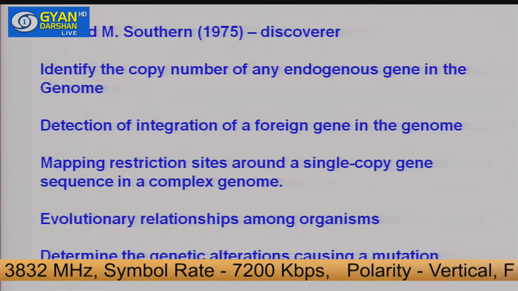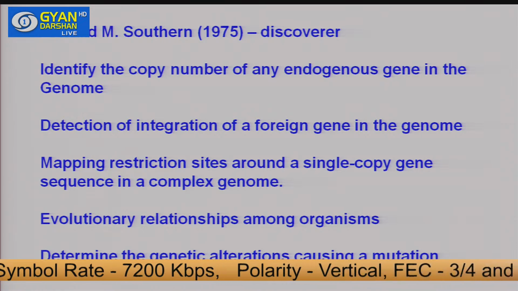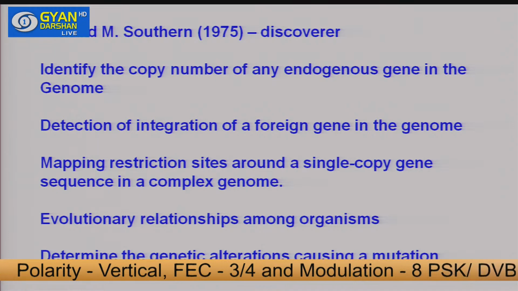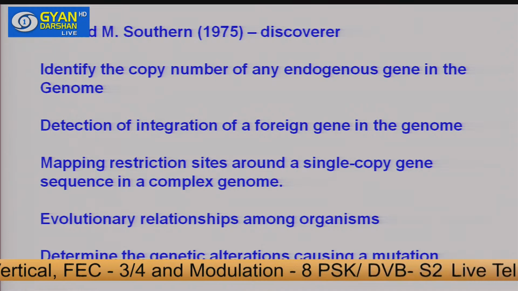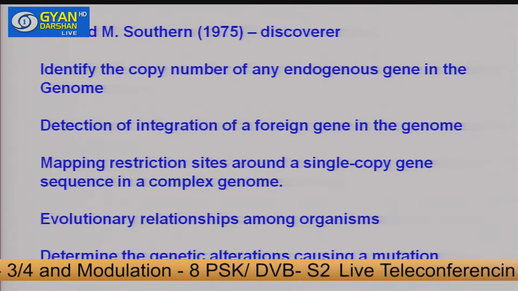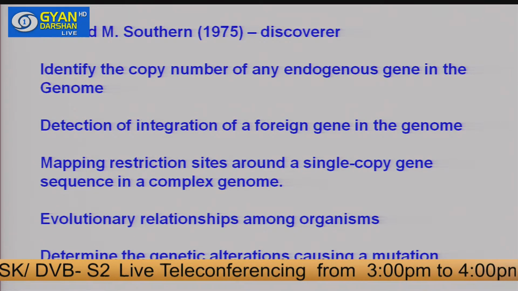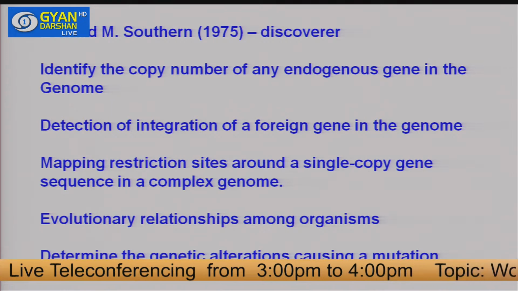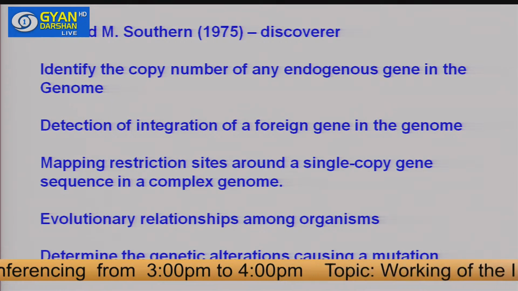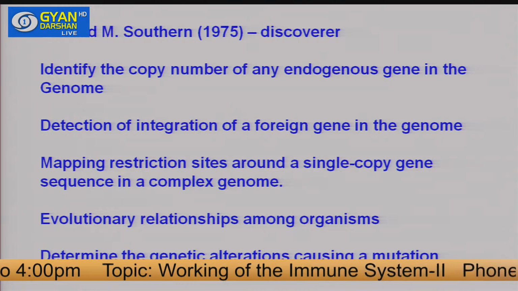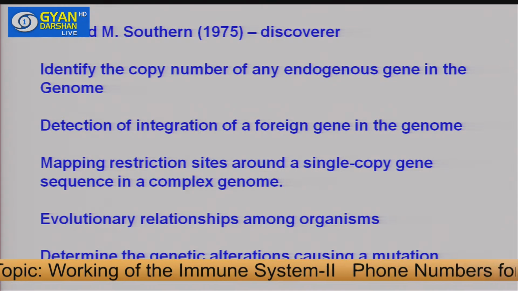And therefore, the gene of interest has to integrate within the genome of the transgenic plant. Number two is, after the gene is integrated in the genome, the gene has to express itself. That means the transcript has to be generated. Third, even after the formation of the transcript, the protein has to accumulate or be synthesized.